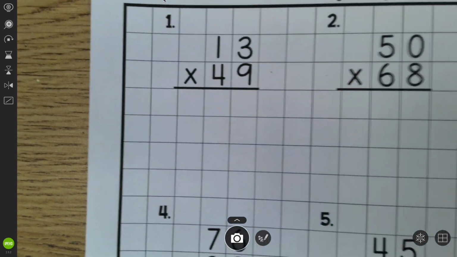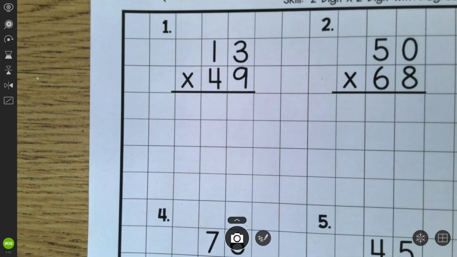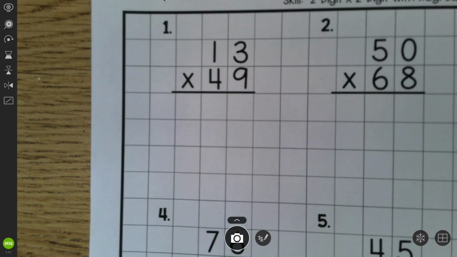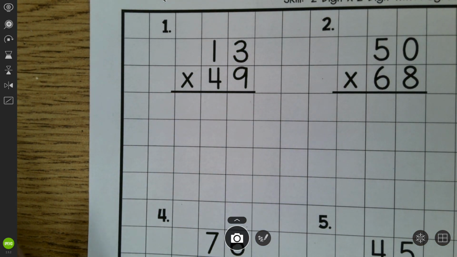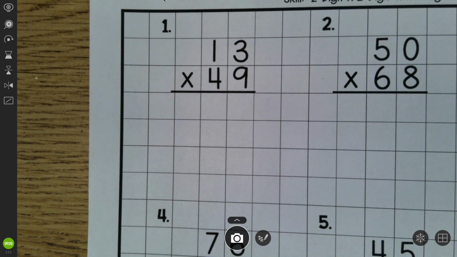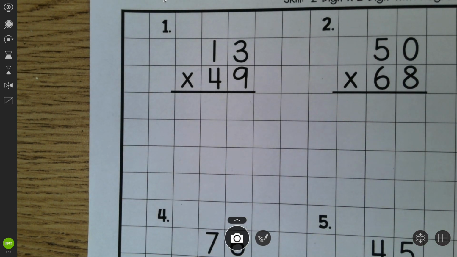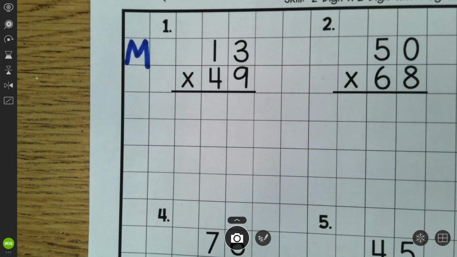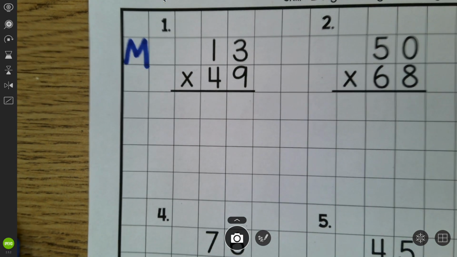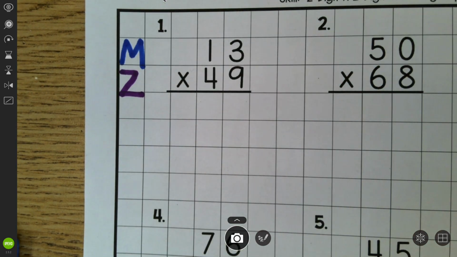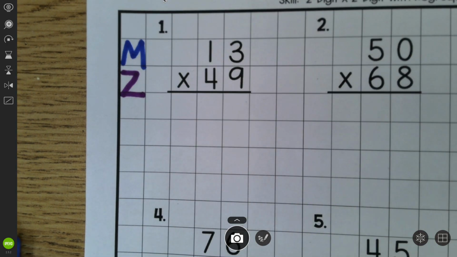I'm going to get nice and close with number 1. We have 13 times 49. So we are going to use our many zoos, many animals strategy. So M, many zoos, and I'll do this color coded, okay?